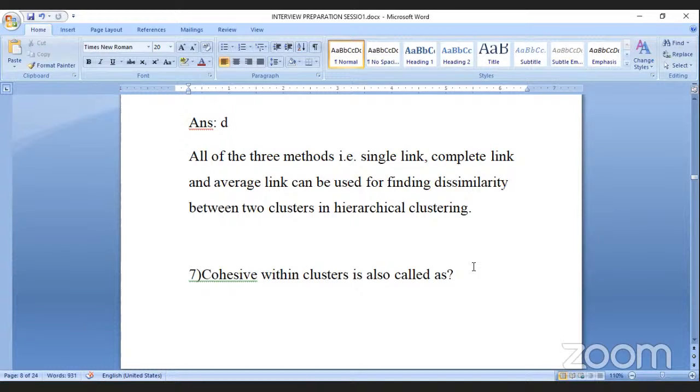Right or wrong, answers are welcome. If it is far away from the correct answer, that is also fine. The thing is you have to try. Cohesive within clusters is also called as dash. I give you no option for this.